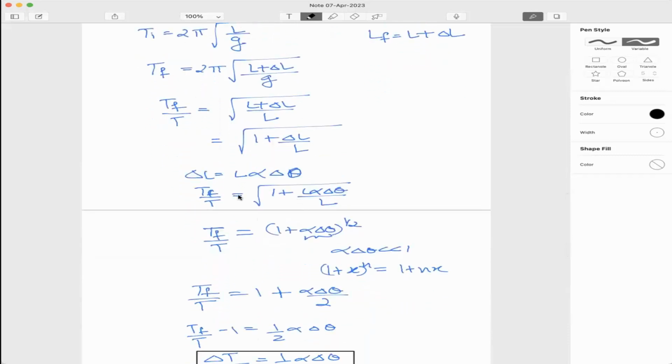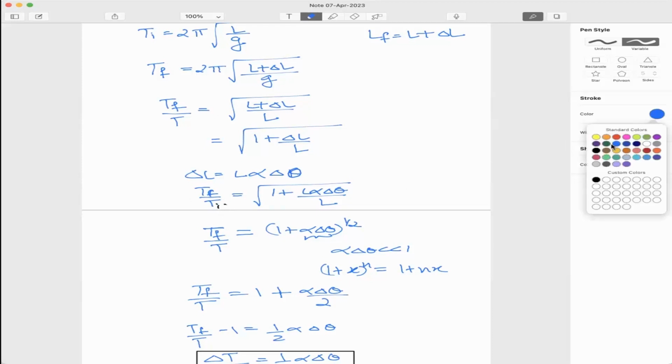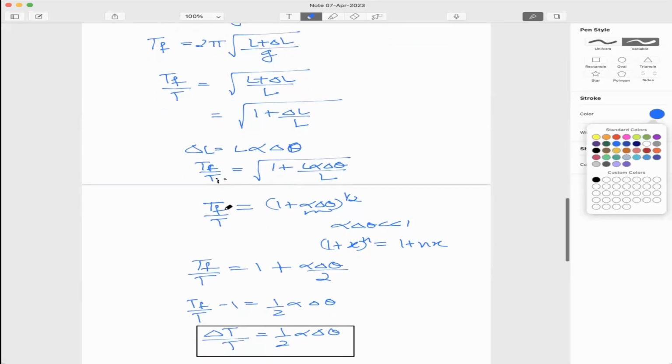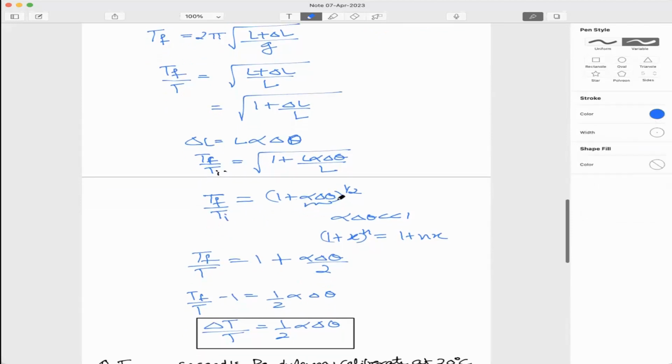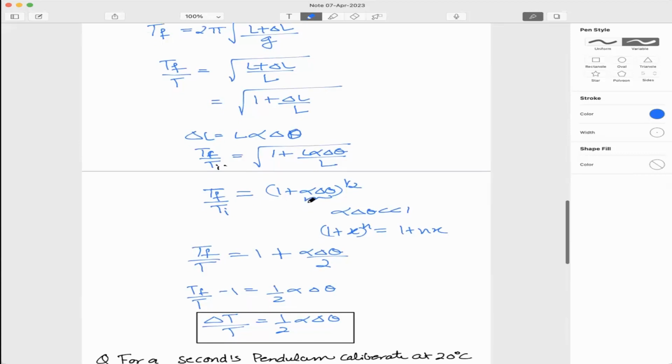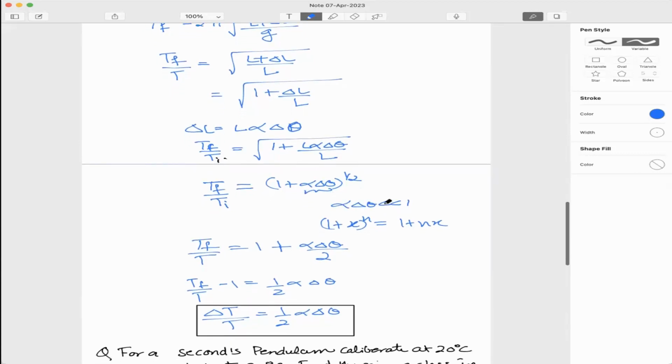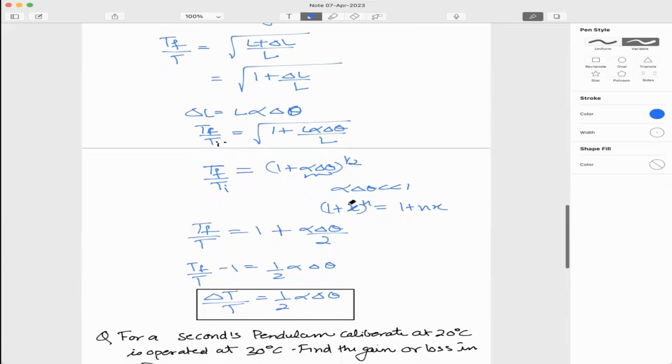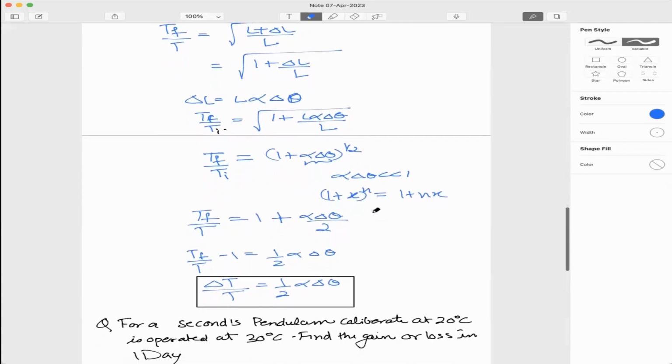So we find out the ratio of the final time period to the initial time period. We get Tf by Ti as (1 plus alpha delta theta) to the power 1 by 2. We know that the value of alpha is very small, such that alpha delta theta is less than 1. So we apply the binomial expansion, (1 plus x) to the power n becomes 1 plus nx.